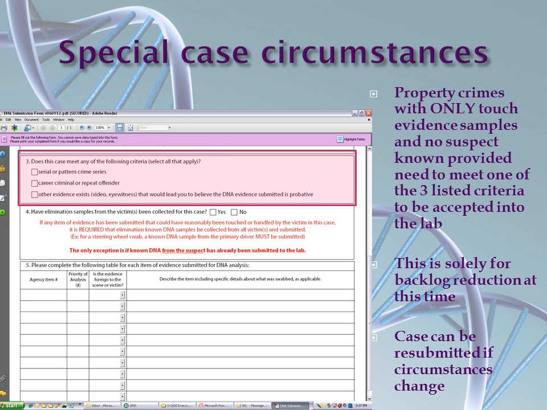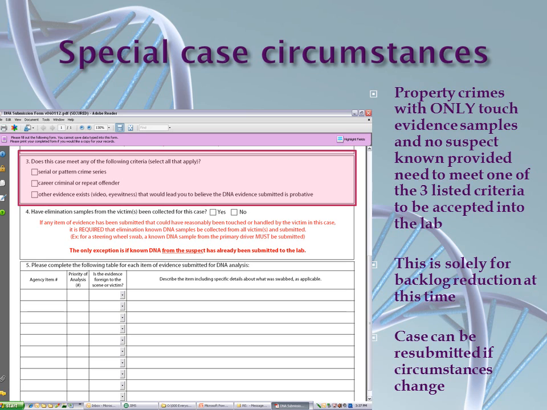The next section here, question number 3, is for special case circumstances. And this is really important when we have property crimes that only have that touch kind of evidence and there's no suspect known provided. We need those cases to meet one of these 3 criteria to be able to be accepted into the laboratory.